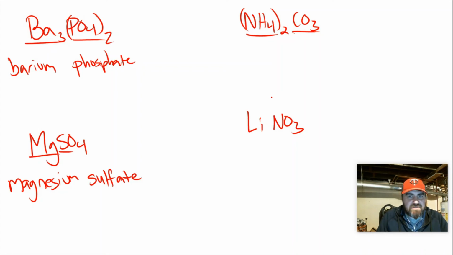Next one. Ooh, there's lots of capital letters in this one. So this one, cation, NH4. NH4 is not an element, but it is a polyatomic ion. So you go and look it up, and NH4 is ammonium. So we put the name, ammonium.